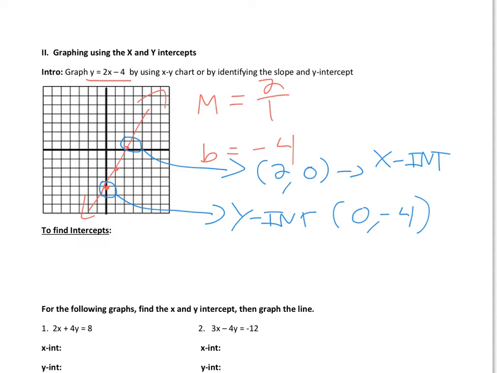All right. So we're just going to put down right here, to find the x-intercept, we're going to let y equal 0, and then we're going to solve for x.